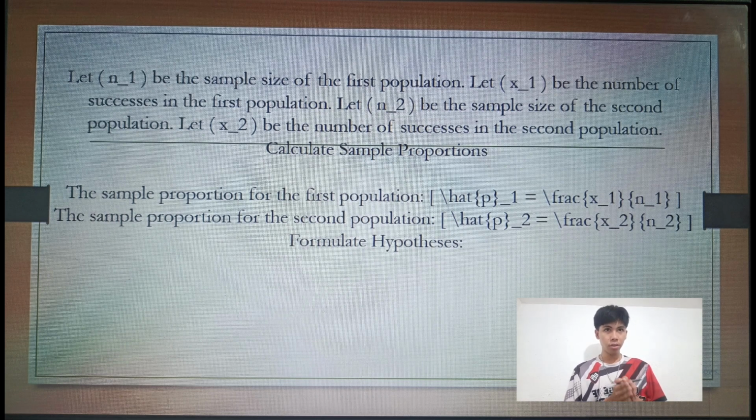Let x2 be the number of successes in the second population. Calculate the sample proportions. The sample proportion for the first population is this, and the sample proportion for the second population is this.